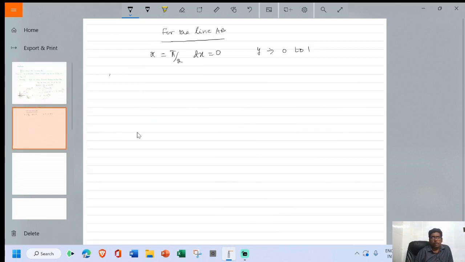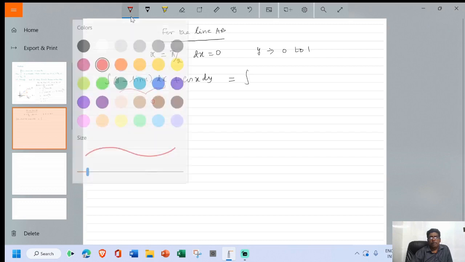Now the integral of (y − sin x) dx + cos x dy for the line AB, y from 0 to 1, with x equal to π/2, therefore dx equal to 0. If you put dx equal to 0, the first term vanishes. This entire term is 0 because dx equal to 0.